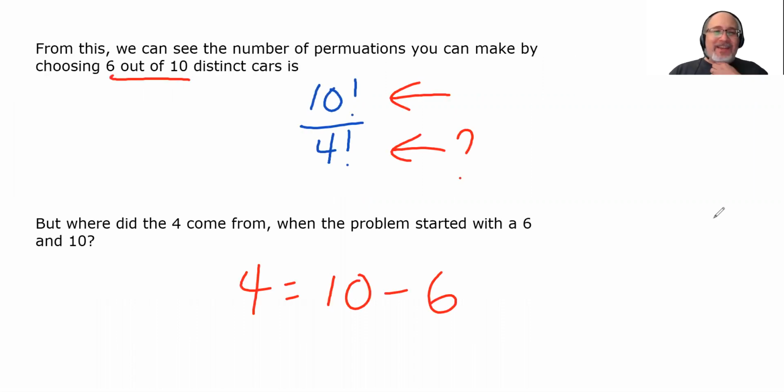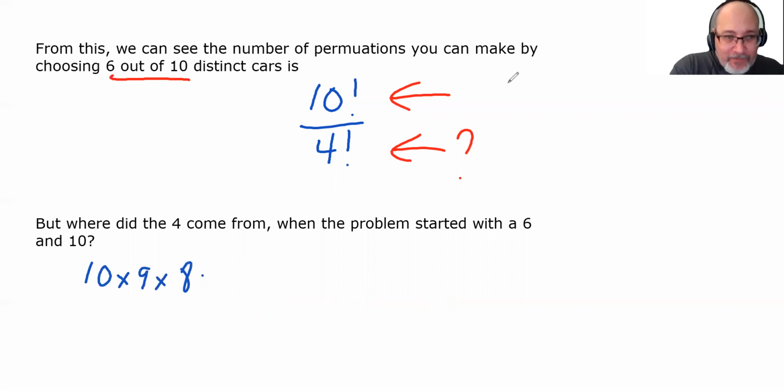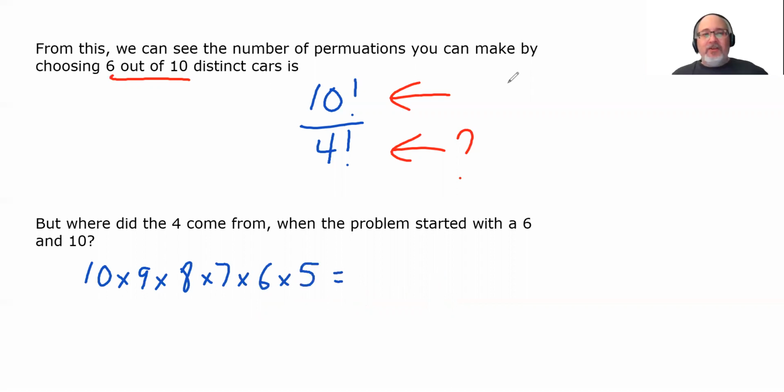So let's see if we can take the problem that gave the answer to the question, which was 10 factorial over 4 factorial. In fact, let's go all the way back to where we started, 10 times 9 times 8 times 7 times 6 times 5. And let's see if we can write this so that it involves nothing but the numbers that we were given, the 10 and the 6. Well, we've already seen that we can rewrite this as 10 factorial over 4 factorial.